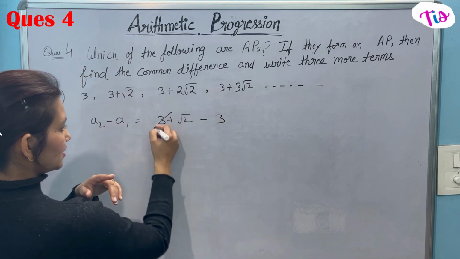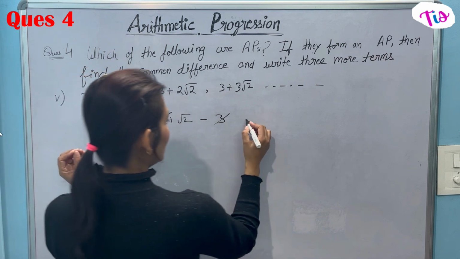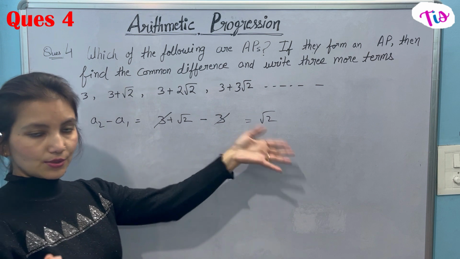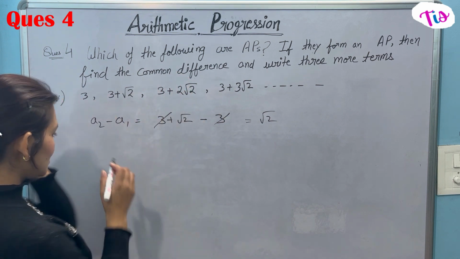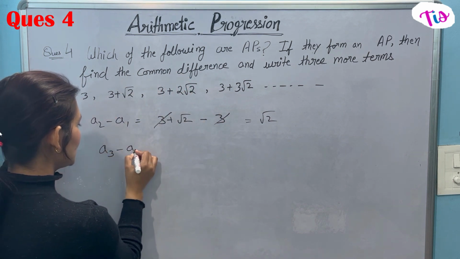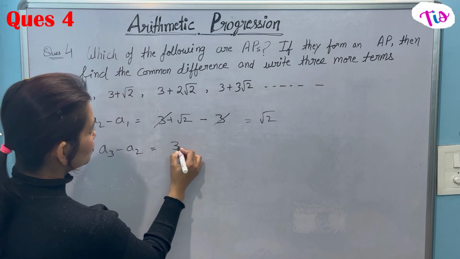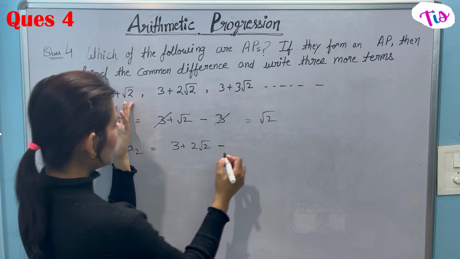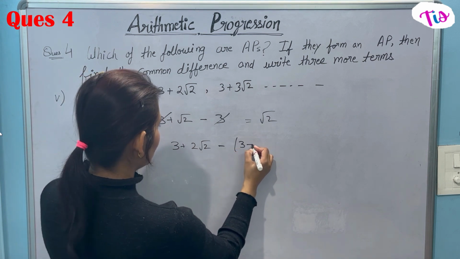A2 minus A1 is 3 plus root 2 minus 3. So 3 minus 3 will be cancelled out, and we'll be left with only root 2. The difference A2 minus A1 is root 2. Now let's find out A3 minus A2. A3 is 3 plus 2 root 2 minus A2, which is 3 plus root 2. We'll keep this in bracket.